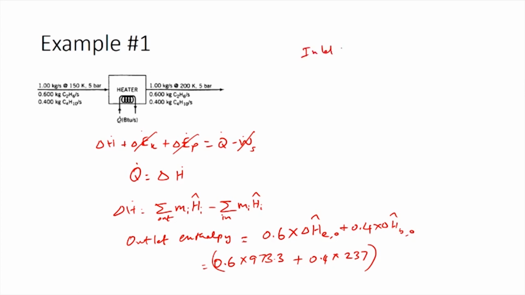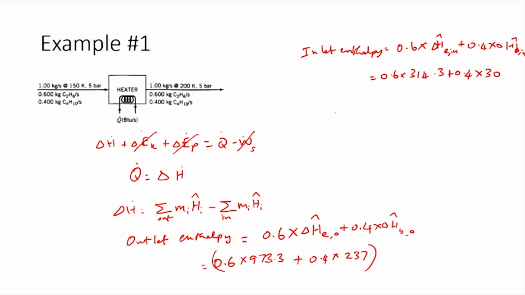Inlet enthalpy will be equal to 0.6 times ΔH-hat of ethane in the inlet plus 0.4 times ΔH-hat of butane in the inlet. So, this would be 0.6 times 314.3 plus 0.4 times 30.